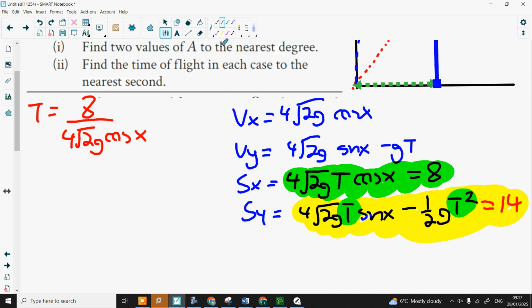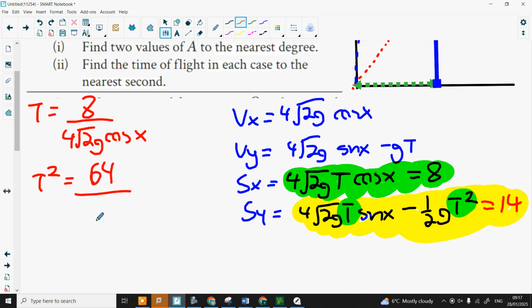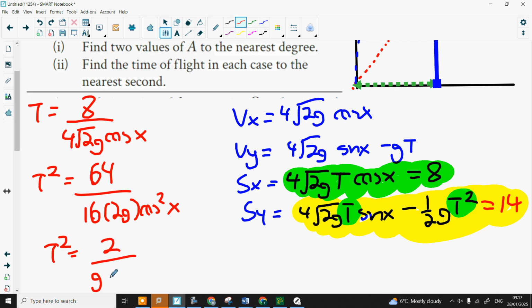I'm going to square it out first, and do the dirty work over here. So that's going to be 64 over 16 times 2g cos squared x. 64 divided by 32, just 2 over g cos squared x. All right.